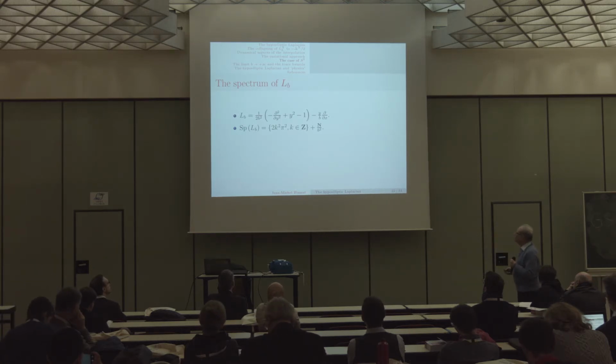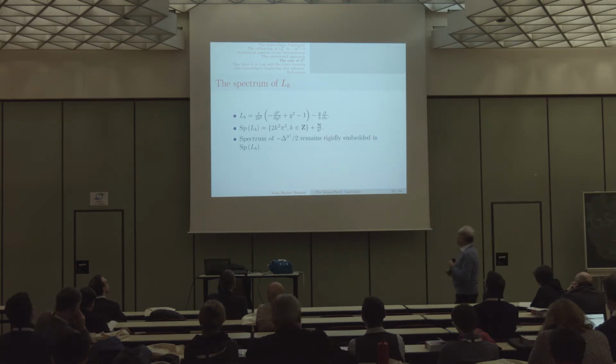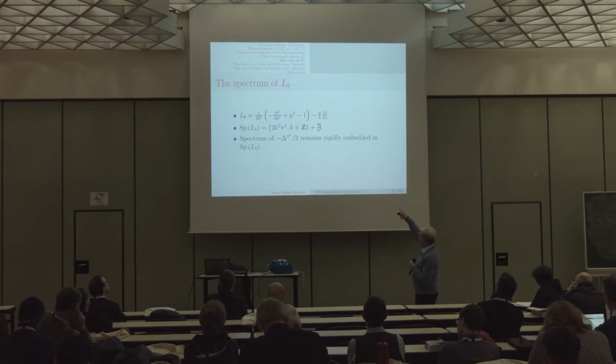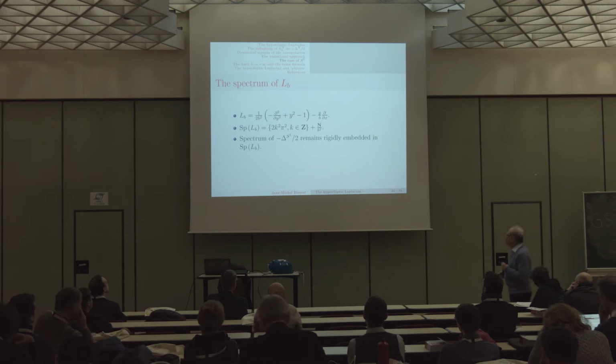You see, first of all, that the spectrum remains real, in spite of the fact that LB is non-self-adjoint, but also that there is a part of the spectrum which does not depend on b. If you make the integer n over b squared equal to 0, you find that the set 2 chi-squared p pi squared, which is the spectrum of the Laplacian on S1, remains rigidly embedded in the spectrum of LB. So it is not that the spectrum of LB is equal to the spectrum of the base Laplacian. It is that the spectrum of the Laplacian is included in the spectrum of LB.